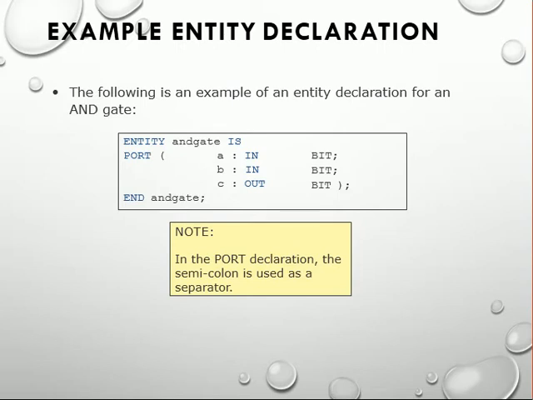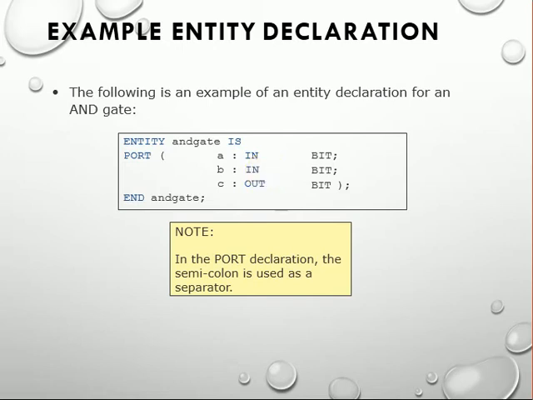Then after that a semicolon will be there, because we have one more input, so that's why we have written a semicolon here. Then next is input B, port B, then colon, in, because it is an input port.